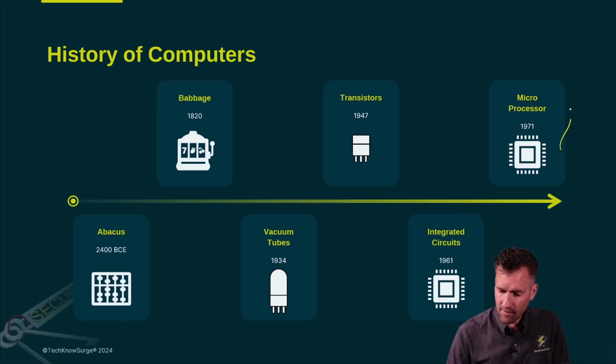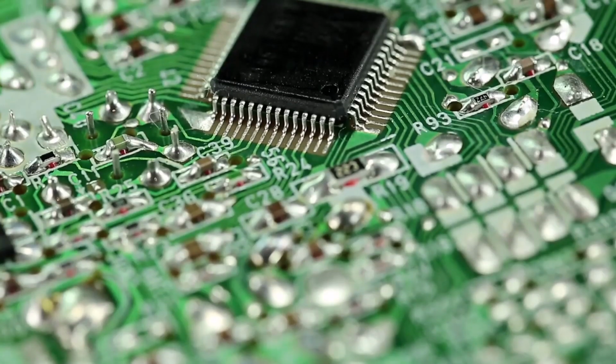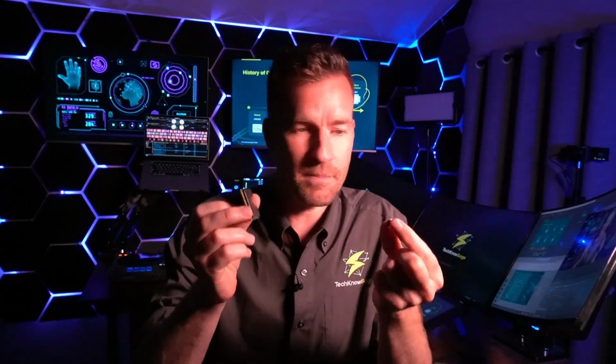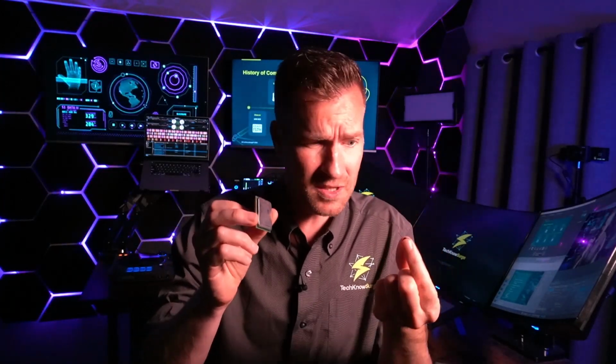Then in 1971, we start creating microprocessors. So here's that little integrated circuit that we had right there, and it has 8 prongs on it, versus a microprocessor. Now this is a microprocessor. One thing we notice is that it's much bigger, because this one might have tens of transistors, 10, 20, 30, maybe even hundreds.